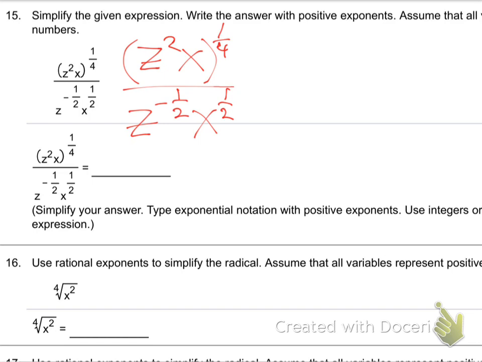Parentheses mean multiply. So this 1/4 right here is going to go boom and boom. It's going to multiply both those powers inside. So we're going to get z to the 2/4 x to the 1/4.